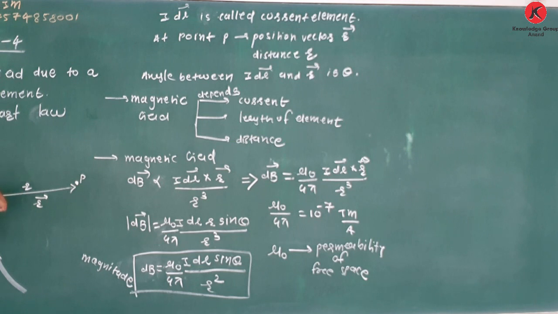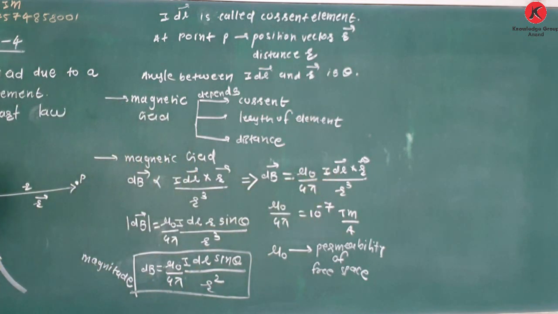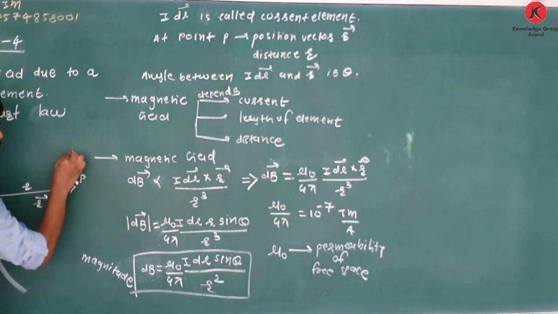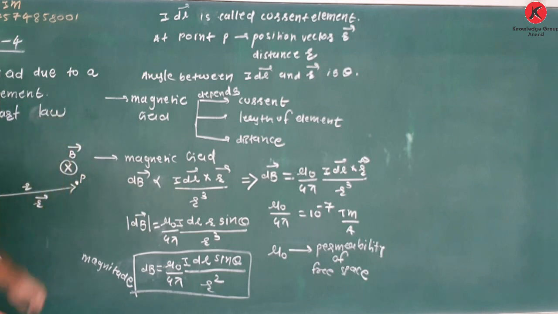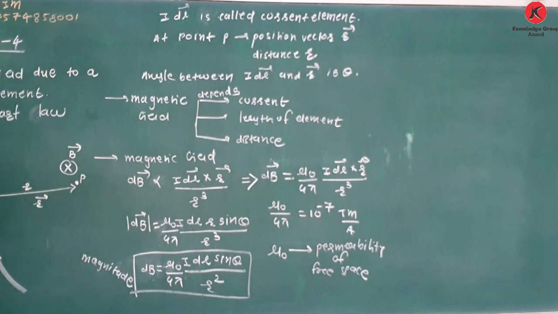The first vector is I dl, so put your right hand in the direction of I dl. Another vector is r in this direction, so wrap your fingers like this. The thumb is going perpendicular inside. Then at this point the magnetic field is perpendicular inside. Clear about this? Any doubt?